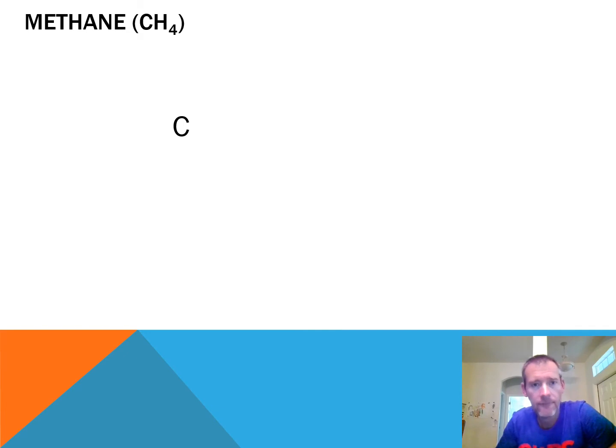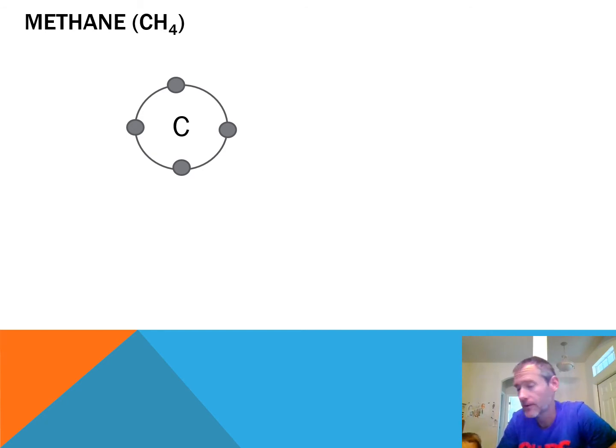All right, here we have methane, CH4. How many electrons does carbon have? Valence is 4. So we draw 4 dots around carbon. How many does it need? It needs 4 more to get to 8. So we take the hydrogen.